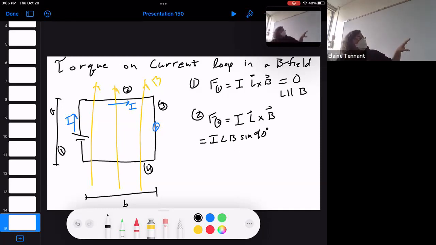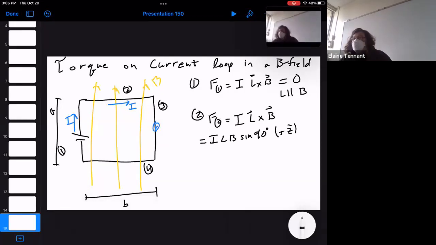What direction is this force going to be in? I like it out of the page. So I L B, out of the page. And instead of L, I'm going to write down A, because that's the length of that side. So I have I A B in the plus z direction.